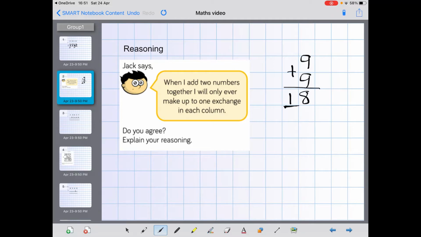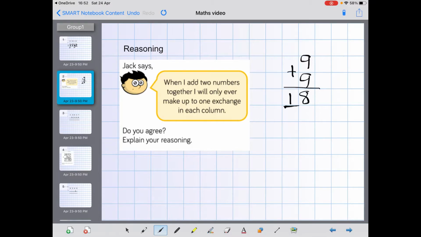In order to explain my reasoning, I would then write a little sentence saying, when adding digits together, the biggest digits which I would ever have to add are 9 and 9, because when we put things in the column method, you cannot have more than 9 in each column.